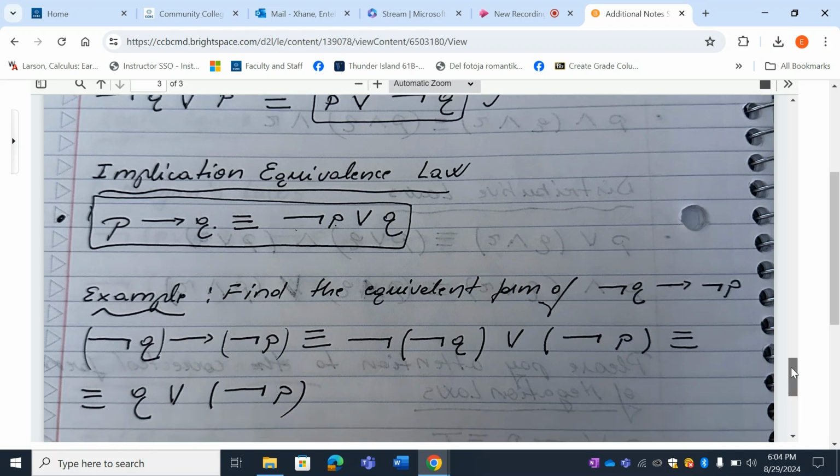Let's go ahead and work with some statements, trying to find a form that is equivalent to the given one.